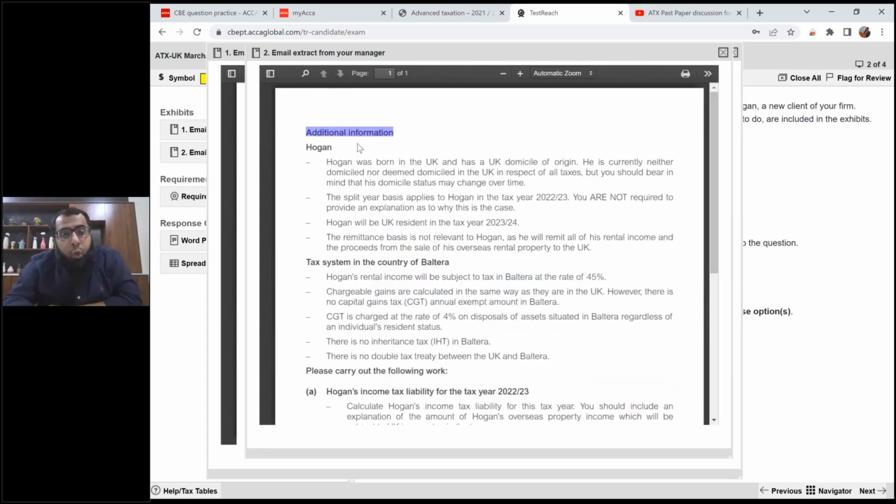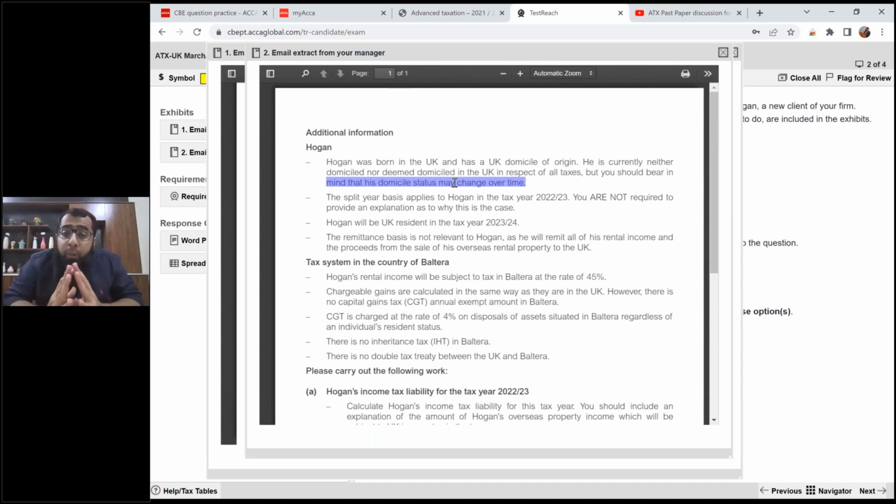Additional information, Hogan. Hogan was born in UK and has a UK domicile of origin. He is currently neither domiciled nor deemed domiciled in the UK in respect of all taxes, but you should bear in mind that domicile status may change over time.